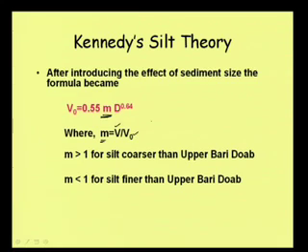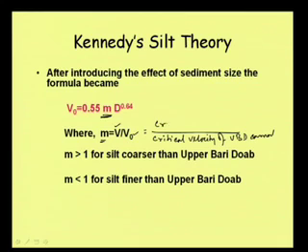Now, what is this V0? V0 is the critical velocity of the upper Bari Doab canal system, and V is the critical velocity somewhere else, the place under consideration.